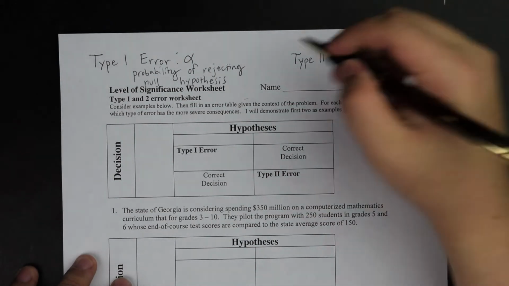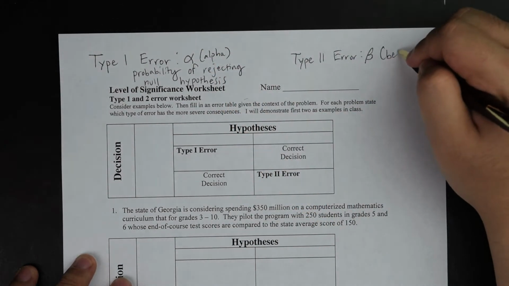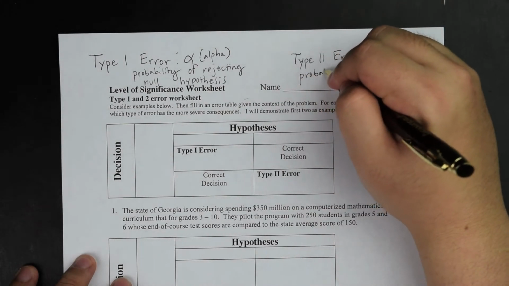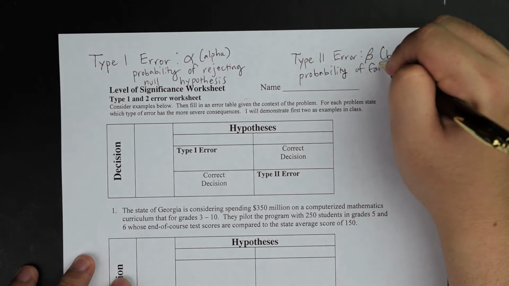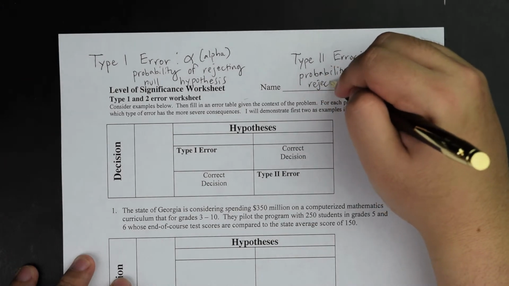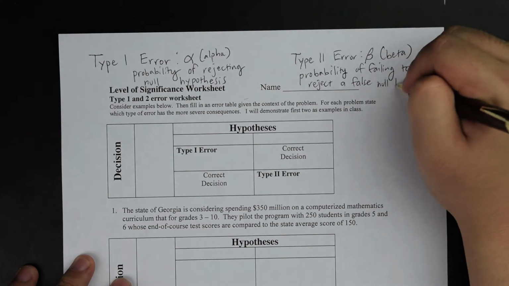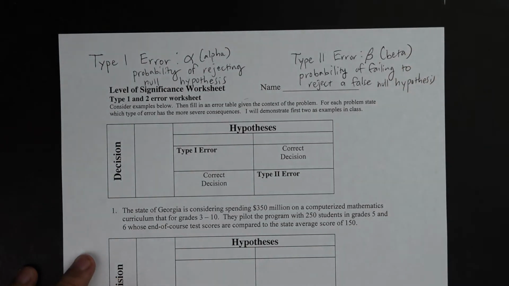I'll also write down the terminologies alpha and beta. It's usually defined as the probability of failing to reject a false null hypothesis. So make sure you understand that these are the terminologies for Type 1 and Type 2.